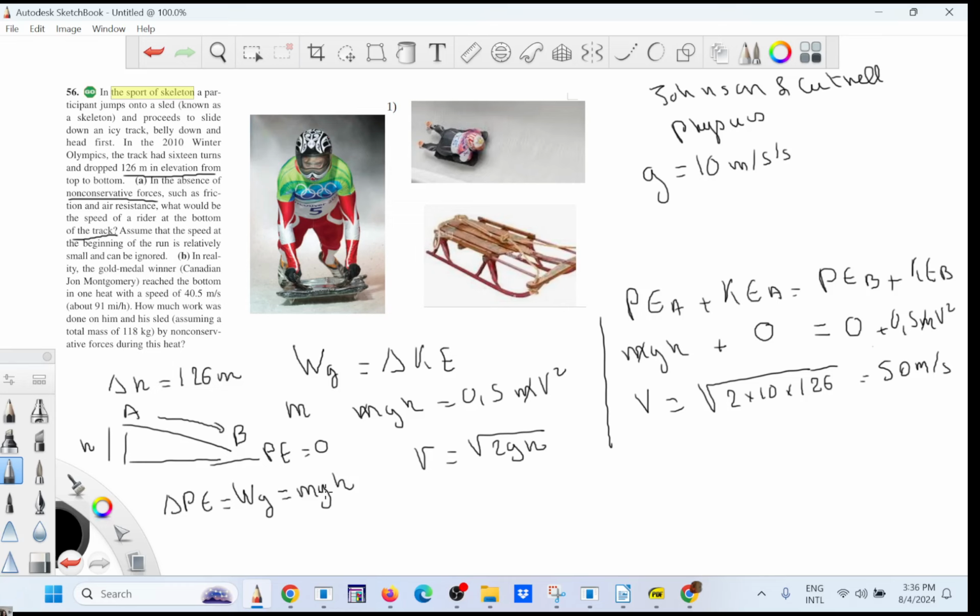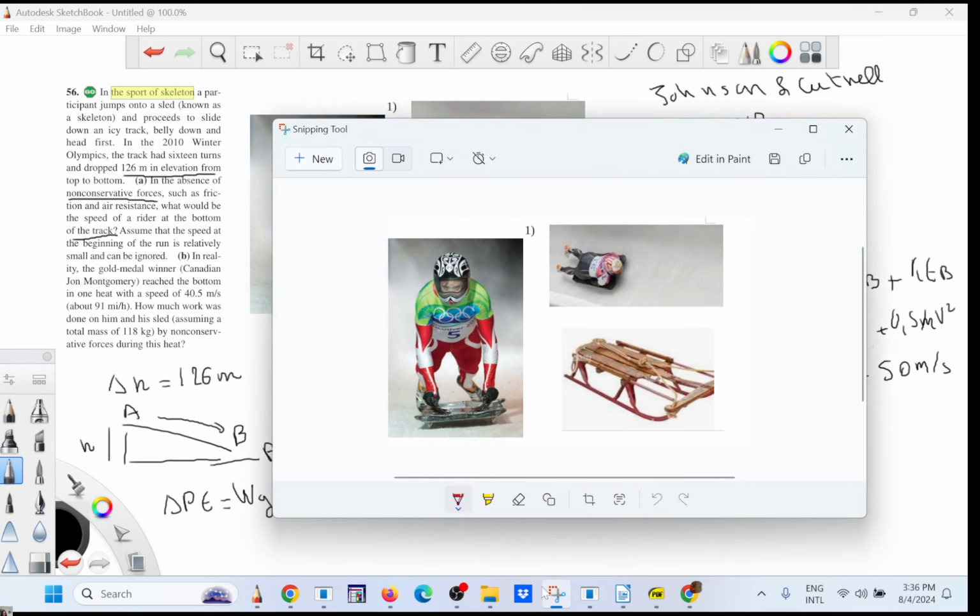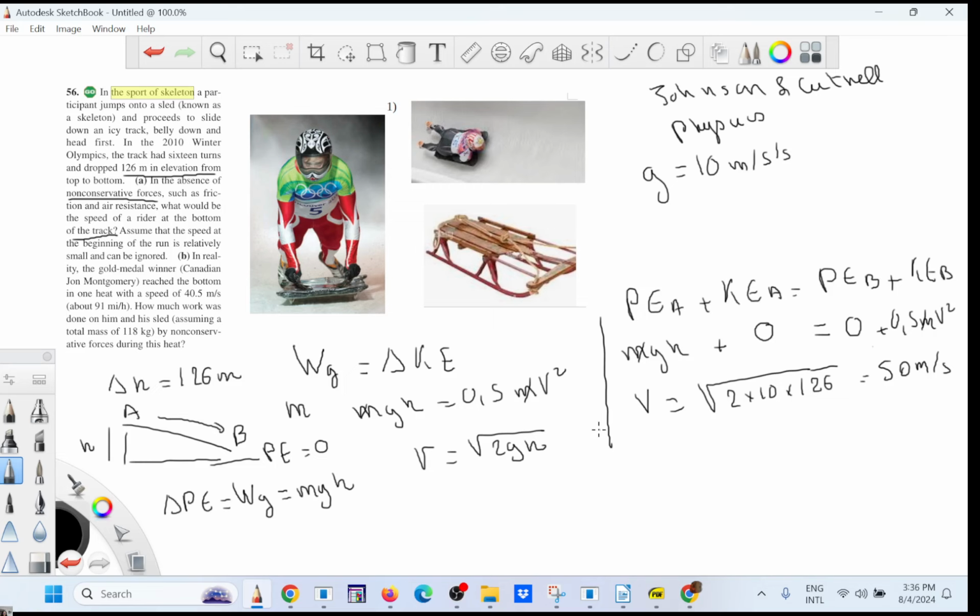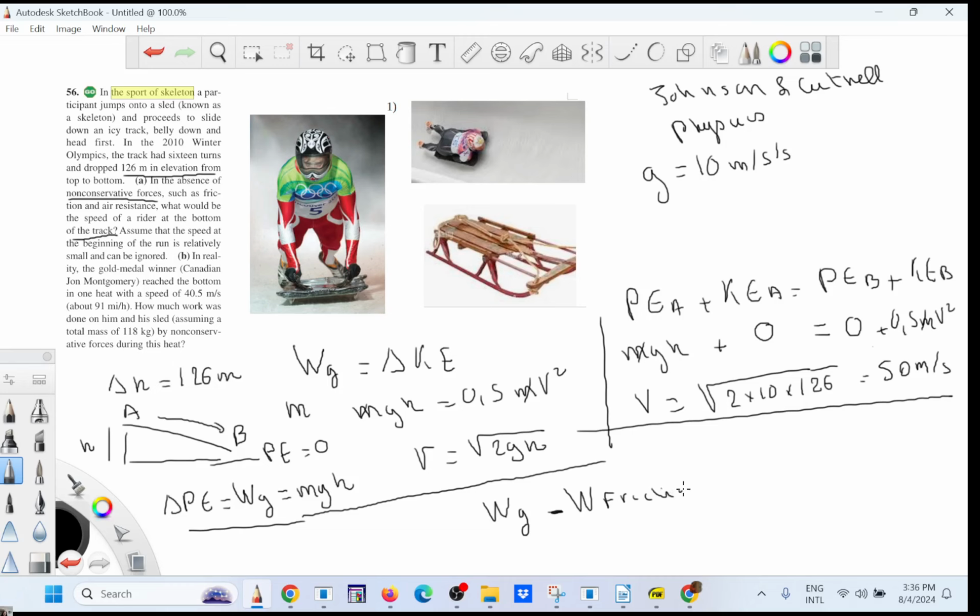Okay, so that means that now you can use the work energy theorem, or you can use conservation of energy. You can say that the work done by gravity, so that would be the energy you start with, minus the work done by friction, will be equal to the change in kinetic energy.